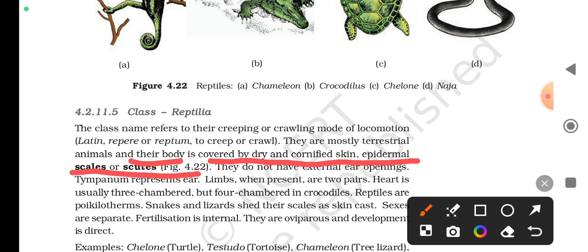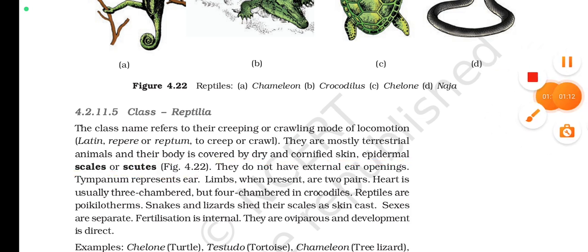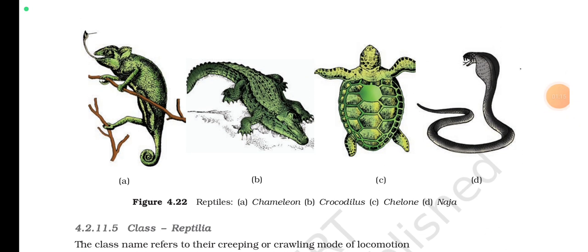It's very important. See here, class, these are all examples of Reptilia. Now the very important characteristic I will tell you: in reptiles the skin is very dry and cornified. Cornified means the skin is dry and made up of keratin. Keratin is a substance.